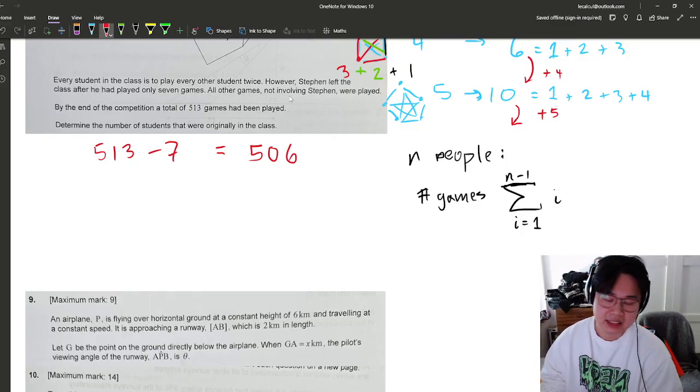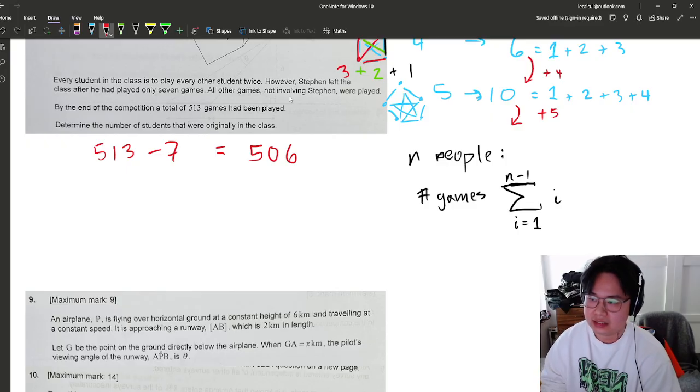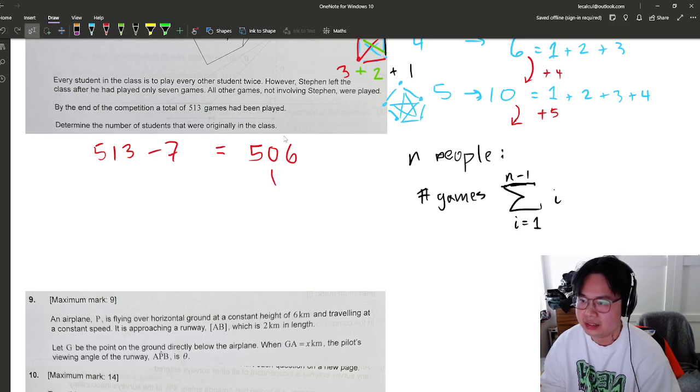That means this number is how many games would have been played if Stefan wasn't part of the group. So this number is for n people, not including Stefan.